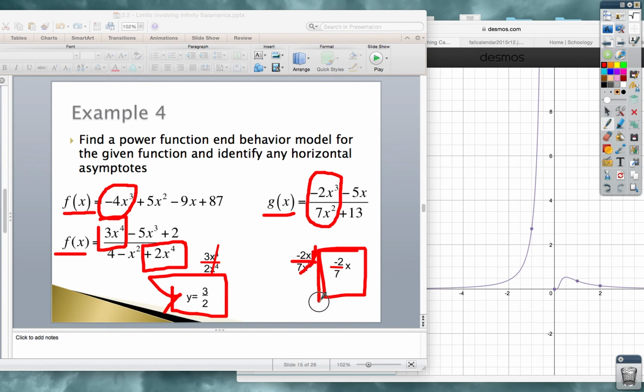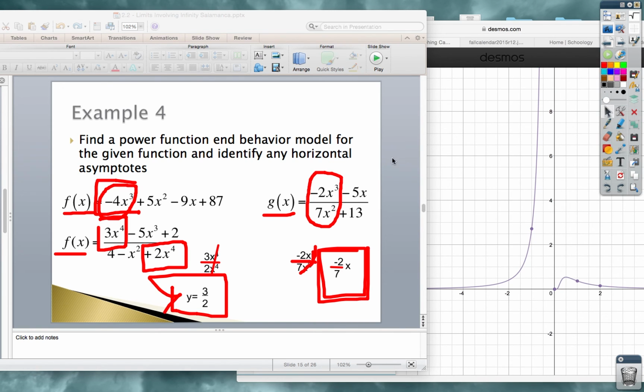When you do have an x left over, you can't have a horizontal asymptote because it's a diagonal line. The first one had that x cubed left over, which is a cubic. So none of those functions can be horizontal because they have a different function attached to them. Y equals 3 halves has no slope. It's just y equals 3 halves, and that's your horizontal asymptote. It's also your end behavior function.